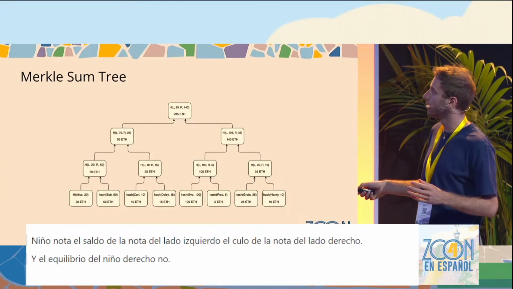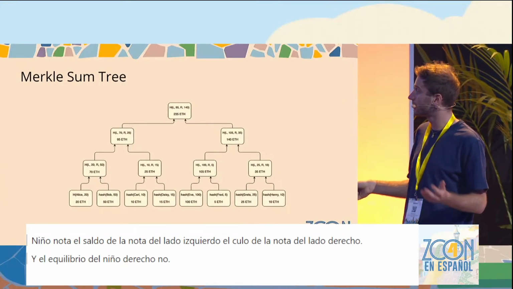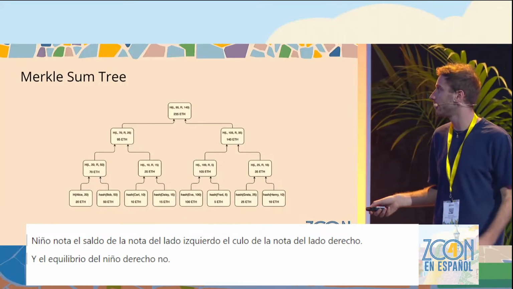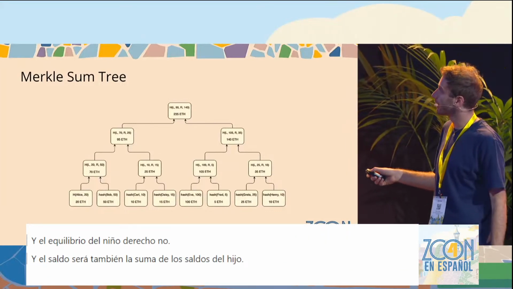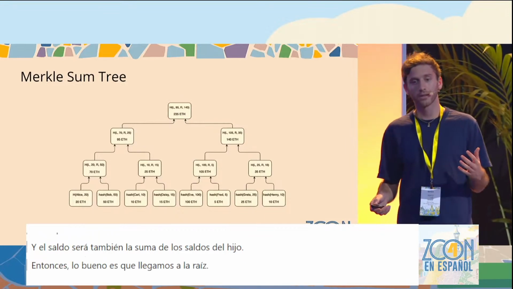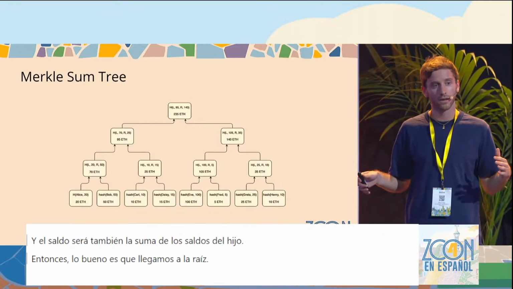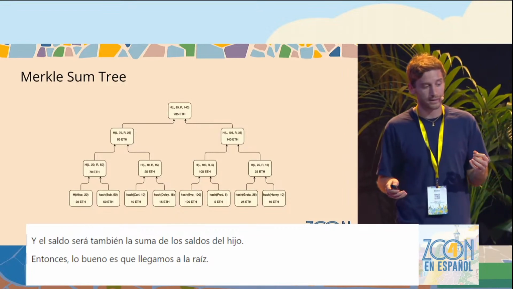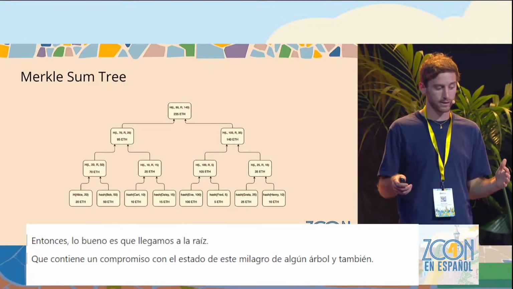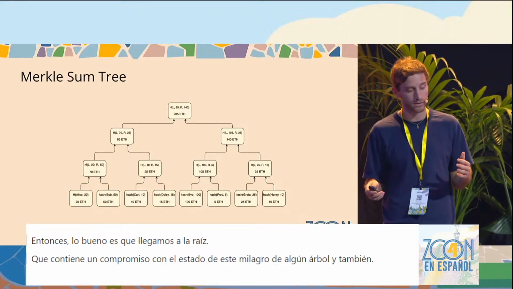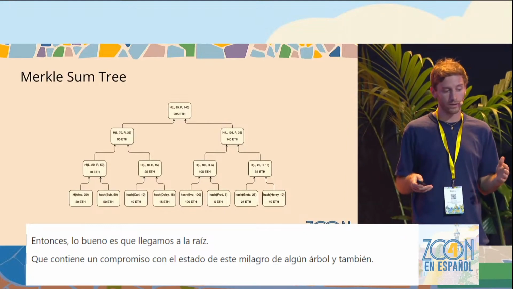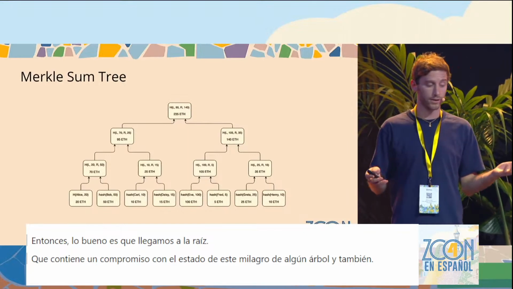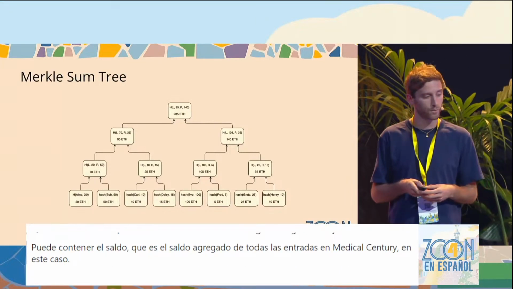And the balance will also be the sum of the balances of the child nodes. So the cool thing is that we get to a root that contains a commitment to the state of this Merkle sum tree, and also contains the balance, which is the aggregated balance of all the entries in the Merkle sum tree. In this case, all the entries are the users of the exchange, basically.